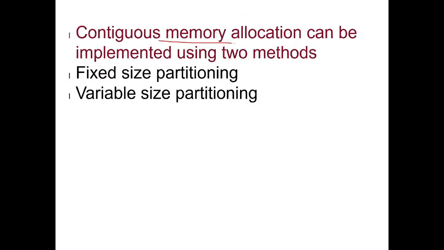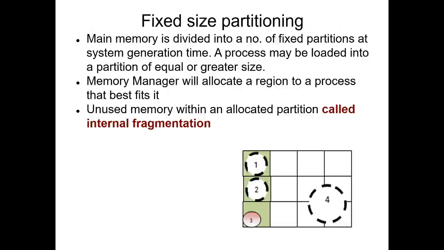In contiguous memory, there are again two types: fixed size partition and variable size partition. Fixed size partition means, as you can see in this diagram, process 1 and process 2 have used all the memory of the block, whereas process 3 has not used all the memory of the block, and the remaining memory is just wasted, because one partition, one block, holds only one process.